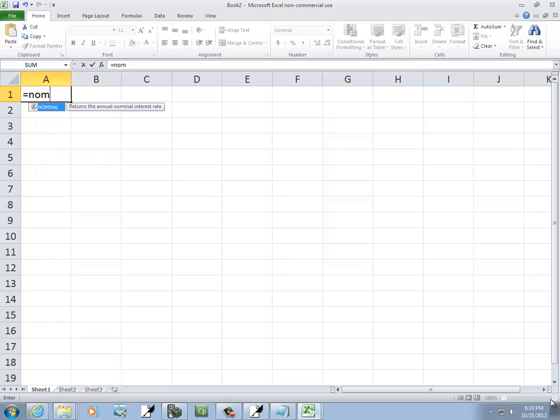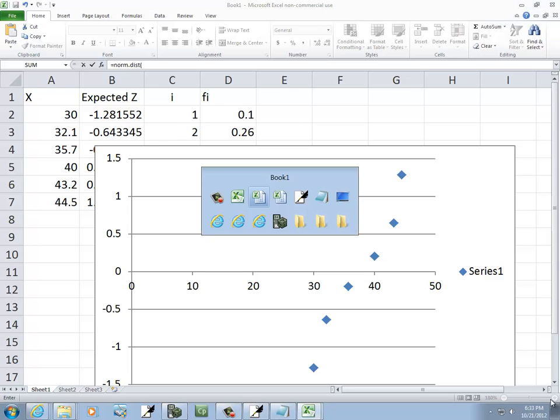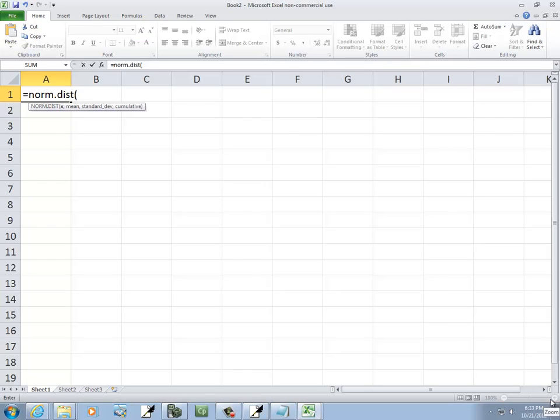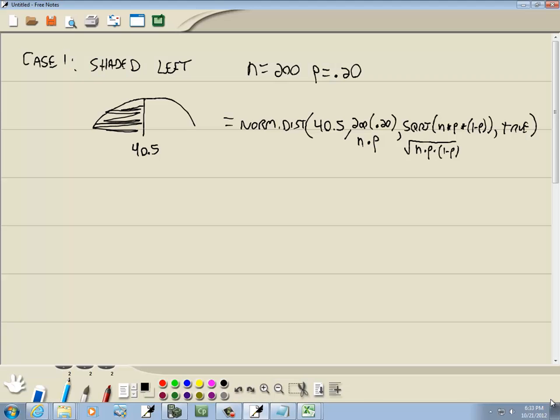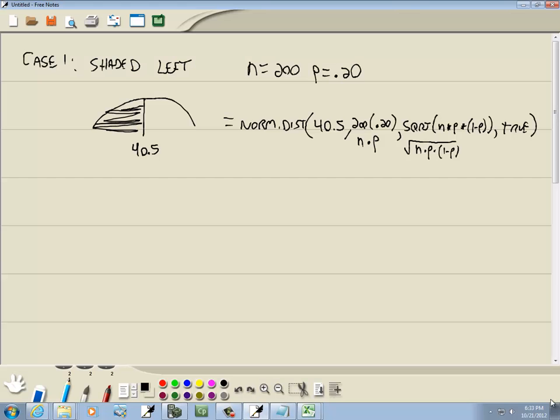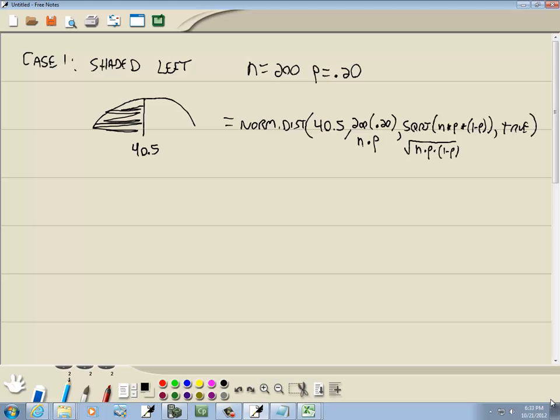Okay, so we'll do equals NORM.DIST, 40.5 comma 200. Remember when I said you do multiplication, you do just the times, not parentheses. 0.20 comma, SQRT, beginning parentheses, and I didn't actually write down numbers there, did I?